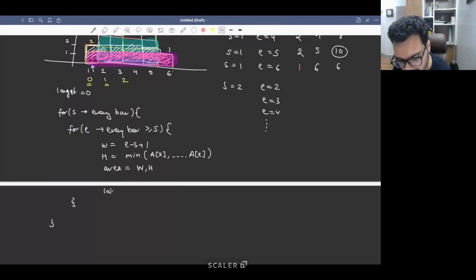So largest is the maximum of the largest I have seen so far and the current area. And finally you can say I'll print the largest.